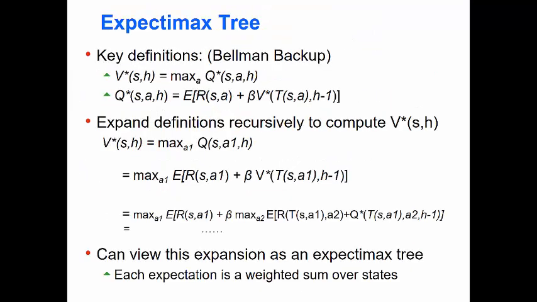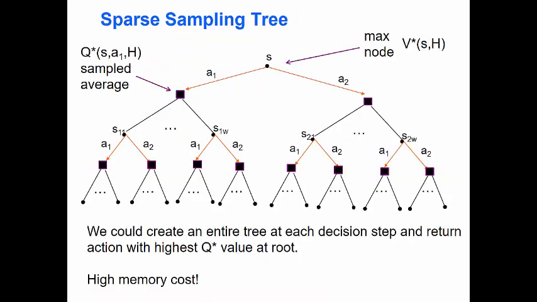Basically, this tree, if we're at state S, we're going to have actions here that we can choose from. And then for every action, we have a distribution over states that will occur. And then when we're in a state, we have a choice of actions. If you're familiar with minimax trees, they alternate between player 1, player 2, player 1, player 2. These trees alternate too.